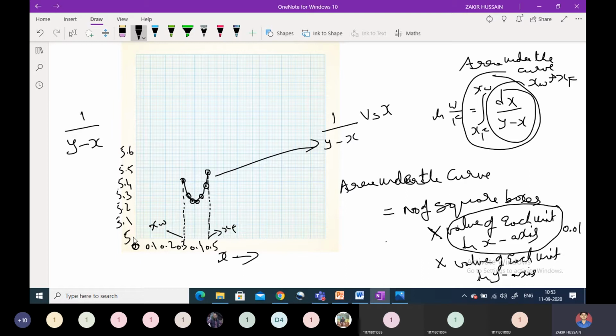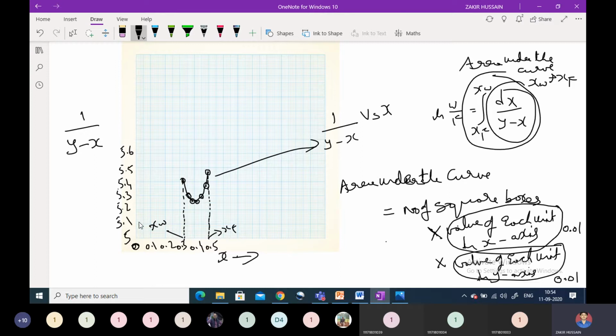In the y-axis, we already know each unit is... 5.01? Not 0.01, this is 0.01 only.